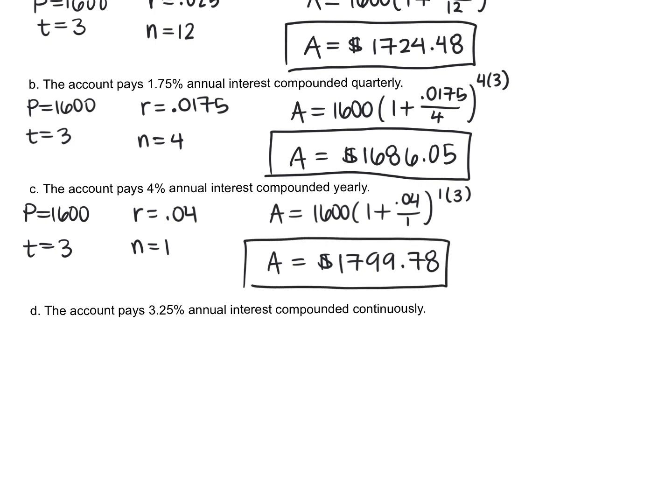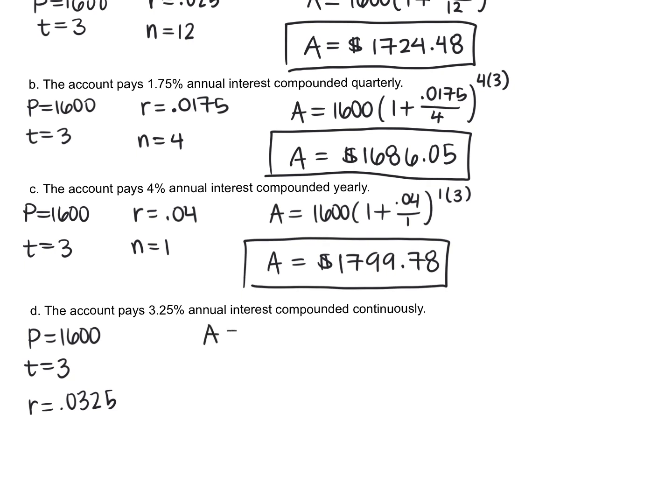Last example, the account pays 3.25% annual interest compounded continuously. So P is going to be 1,600, T is 3, and then the only other thing I need is R, which is 0.0325. Because I'm now going to be using my continuously compounded interest formula.